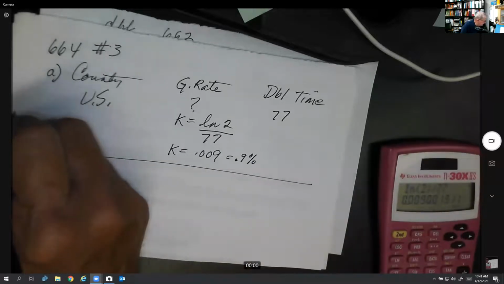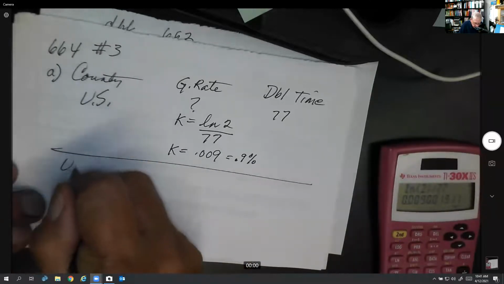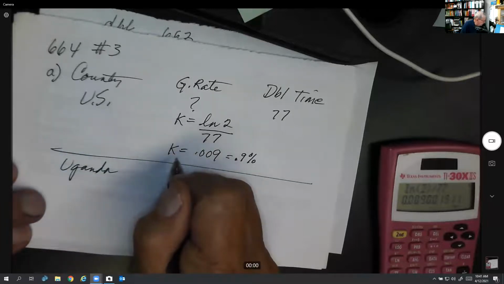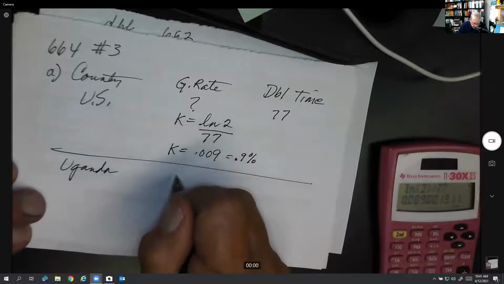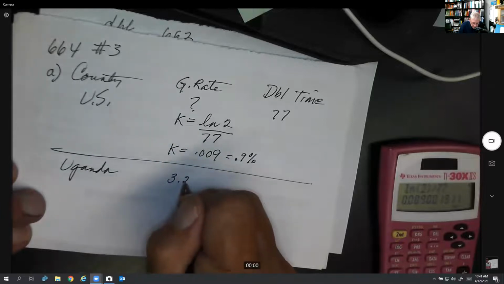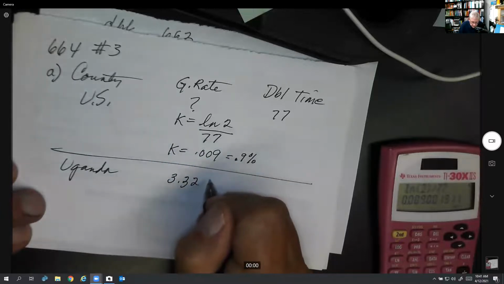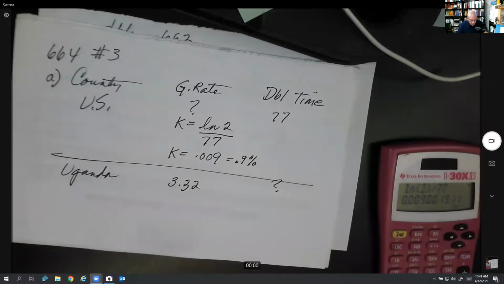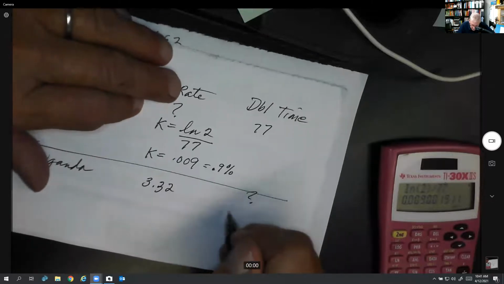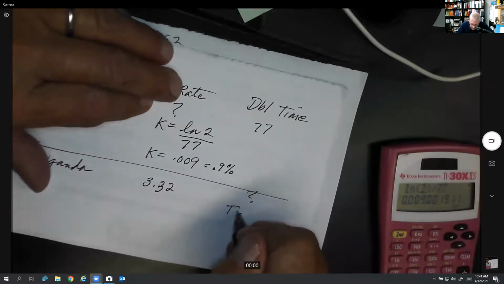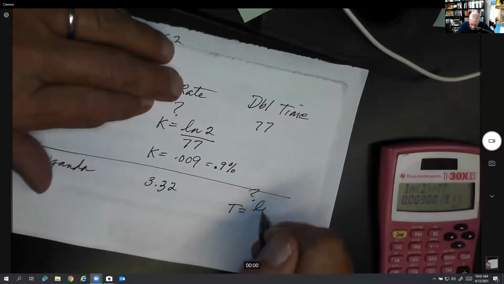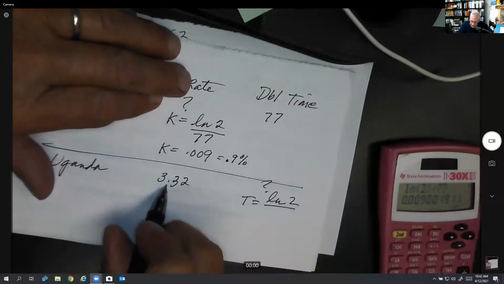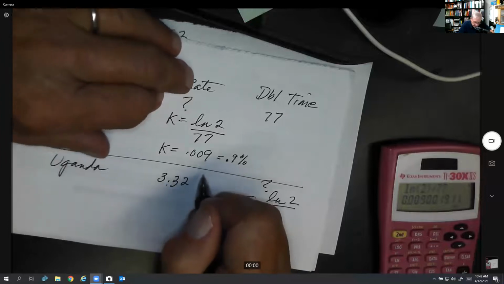Okay, look at C, Uganda. Here they give us the growth rate, but they didn't give us the doubling time. Well, that's easy enough. Time is equal to ln2 divided by the growth rate. Now, remember, this is a percent.